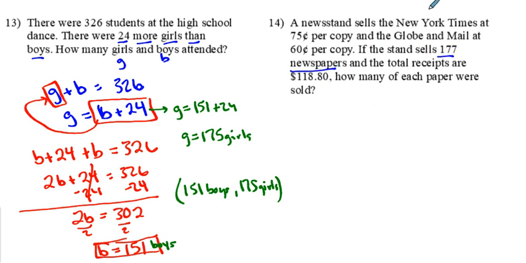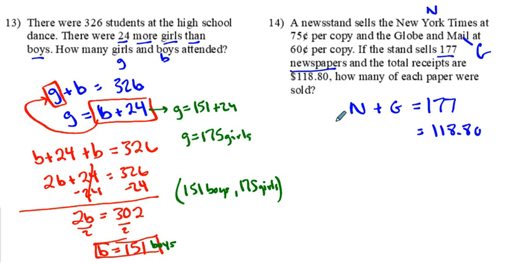So I'm going to call this N, and I'm going to call this G. I know that the number of Times and the number of Globes is 177. Simple equation. Then it says the total receipts are $118.80. How many of each paper were sold?